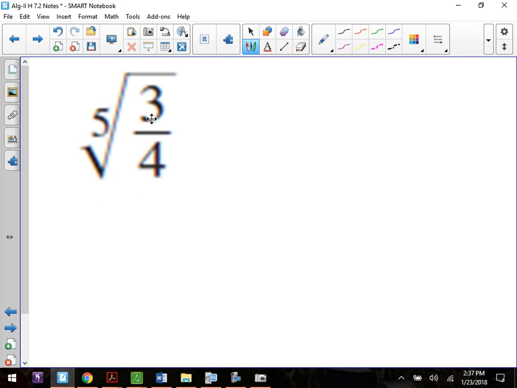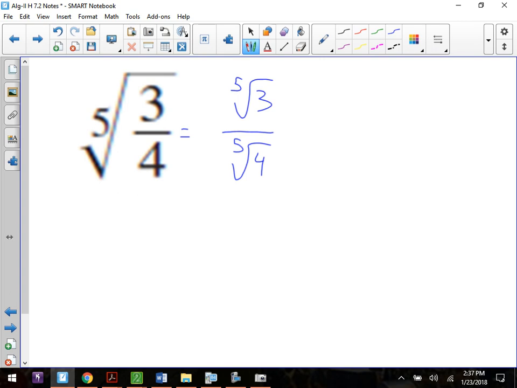When I have the 5th root of 3/4, using the properties of the exponents, the properties of division and all that stuff, that means the numerator is the 5th root of 3, denominator is the 5th root of 4. Are we okay with that? Just by breaking it apart. We've done that before. That's not a big deal. So that gives you the 5th root of 3 over the 5th root of 4.